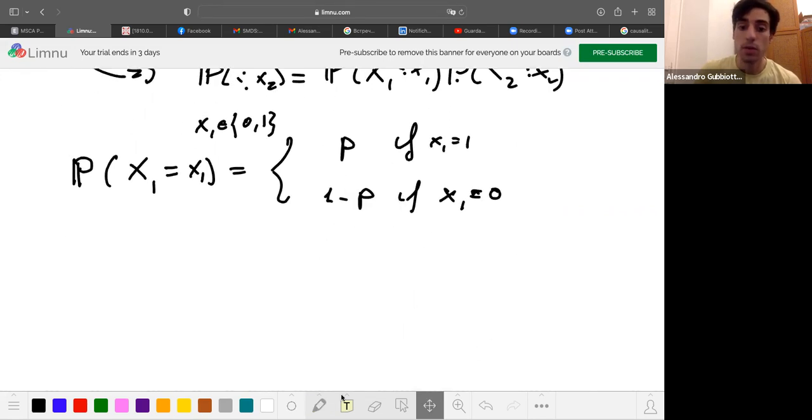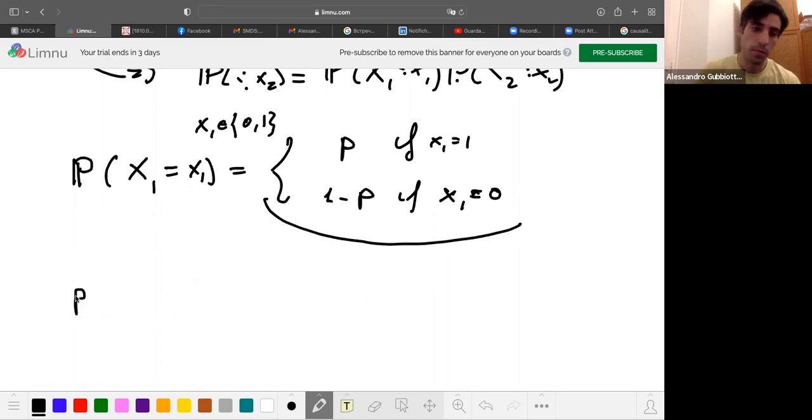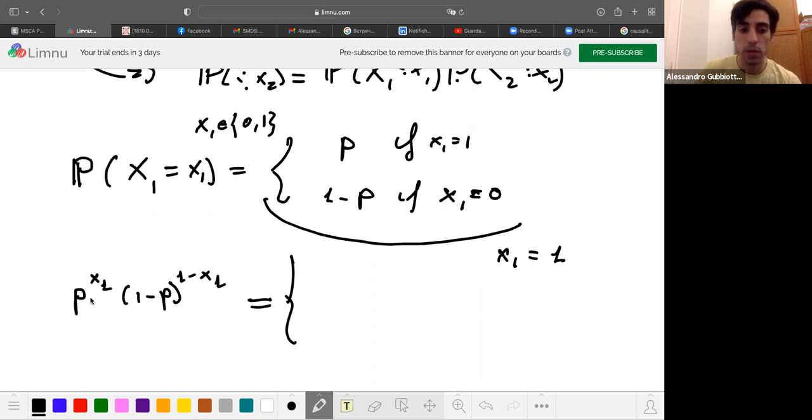Okay, we want to rewrite this expression. Let's see, for example, p to the power x1 times 1 minus p to the power 1 minus x1. Well, if x1 is equal to 1, p to the power 1 is equal to p, and 1 minus p to the power 0 is 1.